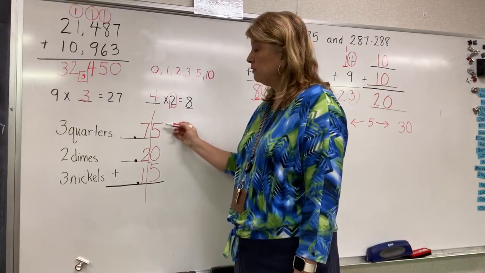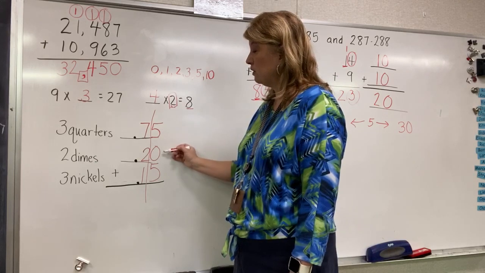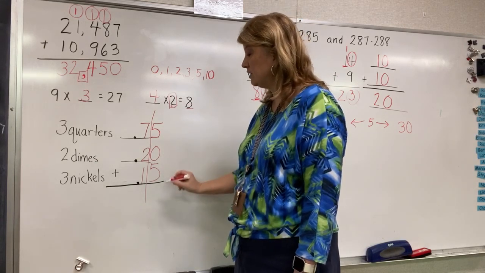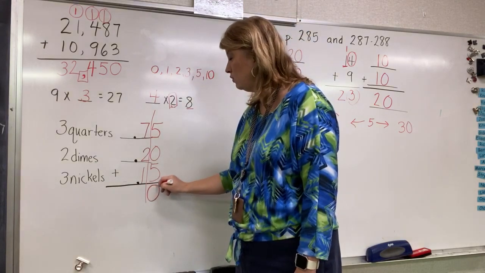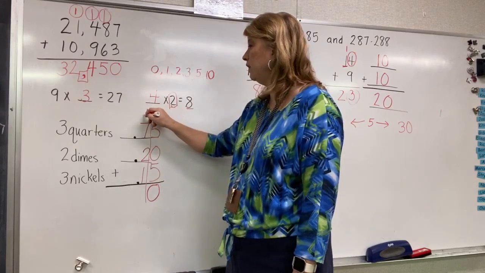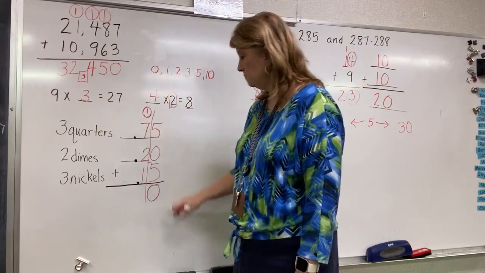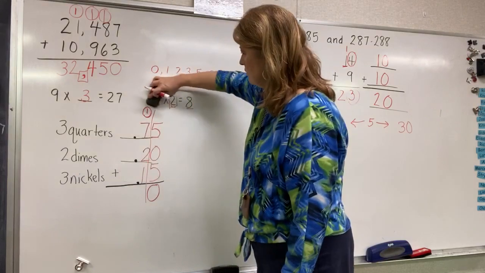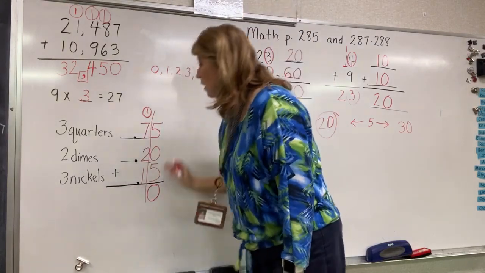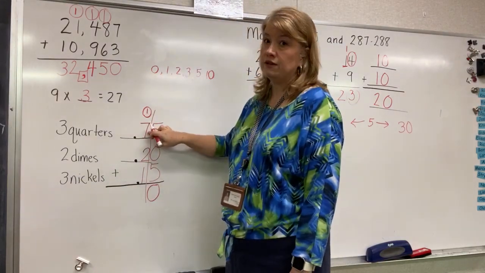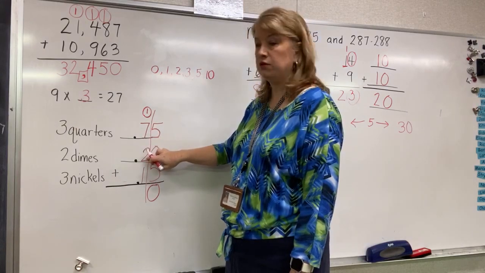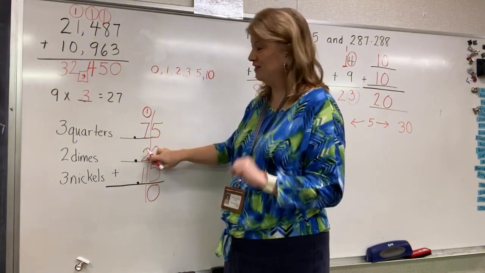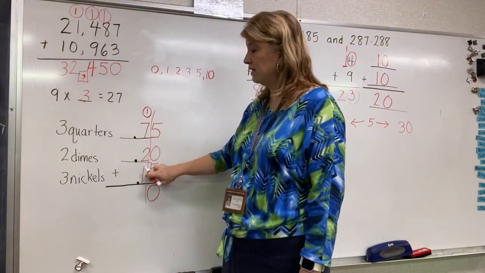So we have to add up the pennies first. 5 plus 0 is 5, plus 5 is 10. Bring down your 0. Carry your 1. And so it doesn't get a little confusing, let's erase that. 1 plus 7 is 8. 8 plus 2 is 10. And 10 plus 1 is 11.